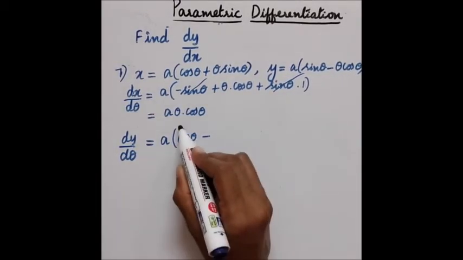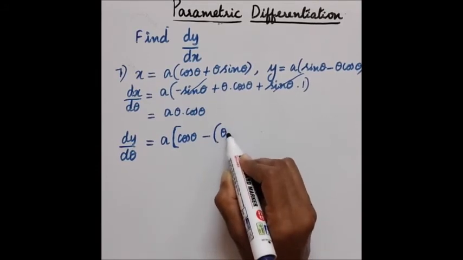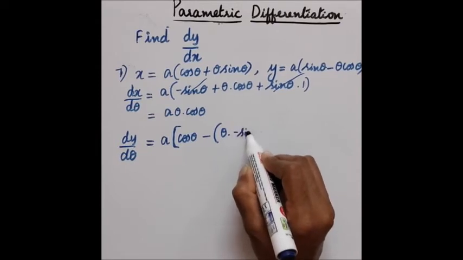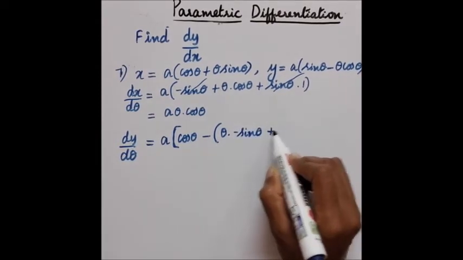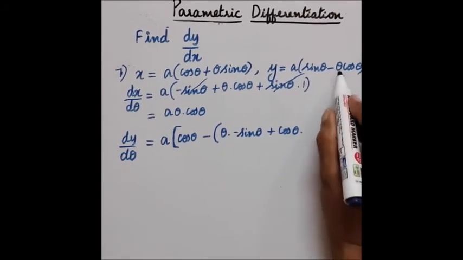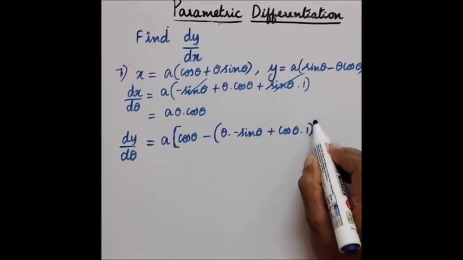So use the product rule. So what is the product rule? First term into derivative of the second term, that is minus sin theta, plus second term into derivative of the first term, that is theta, with respect to theta, which is 1.